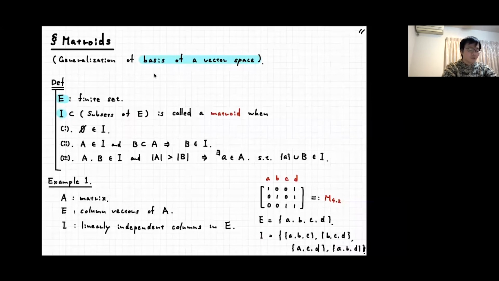The column vectors of the capital A are given by all of these columns A, B, C, D, denoted as here. Then any 3 choices of the columns are linearly independent every time.